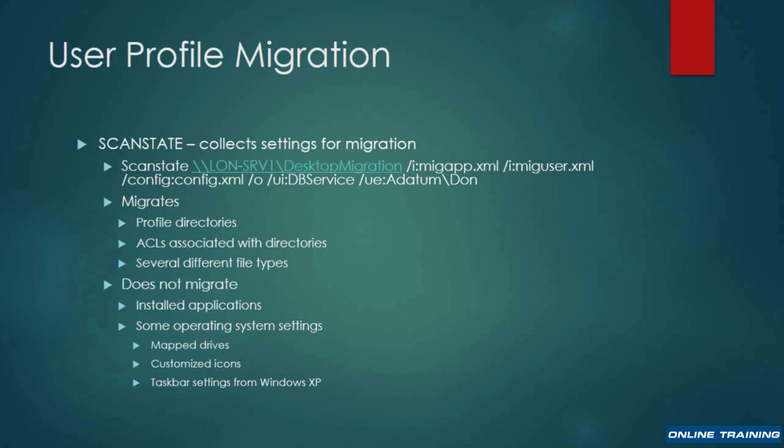In this case, we're just doing user profile settings, and then application settings. The config parameter, and then just using the default config.xml, and then you are specifying the user account DB service that's actually doing the migration, and then the user whose information is being migrated, in this case, Don. And so that is the actual command.